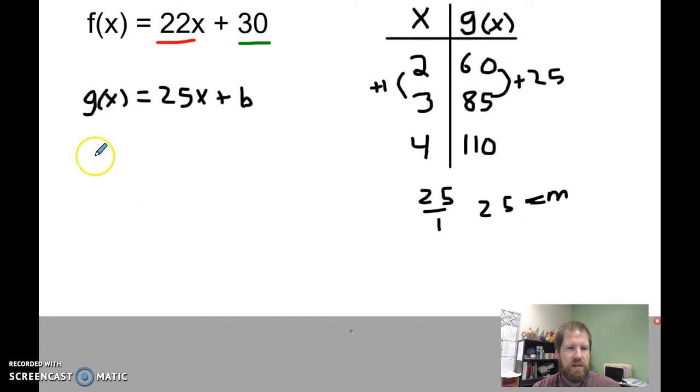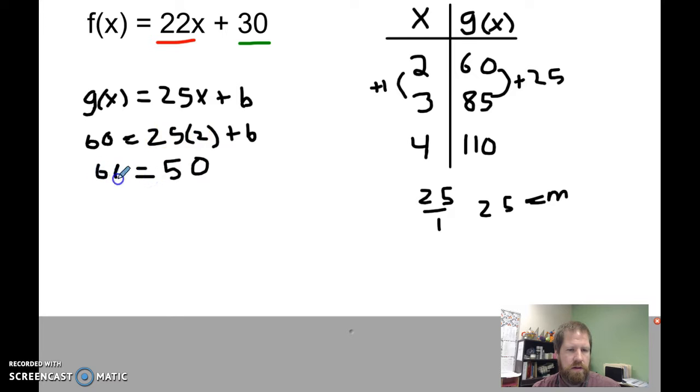So for g of x, I put in 60. And for x, I put in 2. So I've got 25 times 2 plus b. 25 times 2 is 50. So 60 equals 50 plus b.